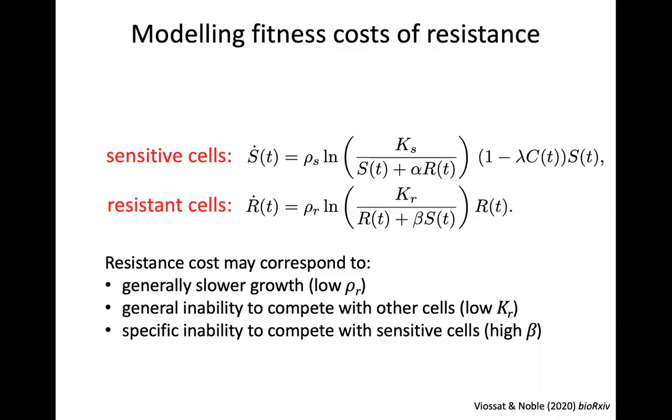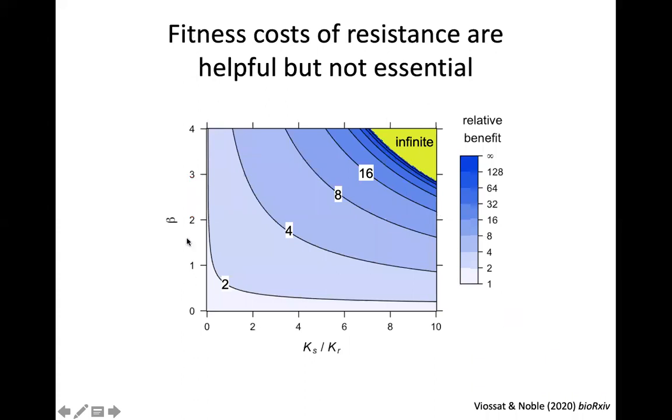So here we consider an extension of the previous model in which we're able to model different kinds of resistant costs. And I list there 3 different ways in which there could be a fitness cost of resistance. In particular, you can see here that inability to compete with other cells is an important form of resistance. So if we examine that factor, then we have on the 2 axes of this heat map, 2 forms of competition parameter.